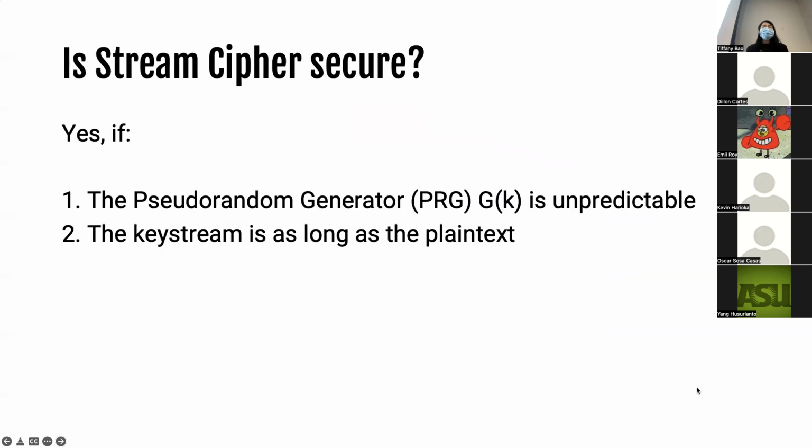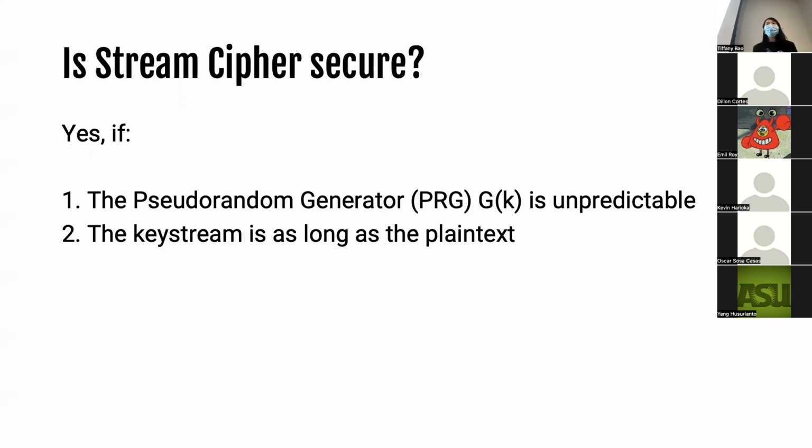So you may ask, because it just looks so simple, is it really secure? As I mentioned, the one-time pad is proved to be secure. And for stream ciphers, it is also proved to be secure, but you must meet the requirements. First, the pseudorandom generator needs to be unpredictable, meaning that no one can predict what the next key bit is, given the current ones. And the second is the key stream has to be long enough so that it can really do this bit by bit XOR with your plain text.